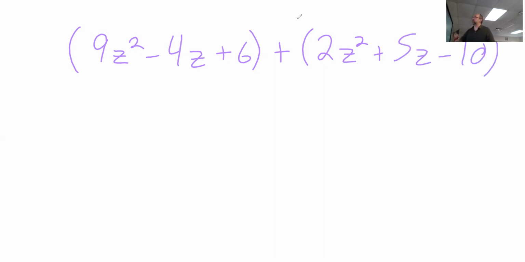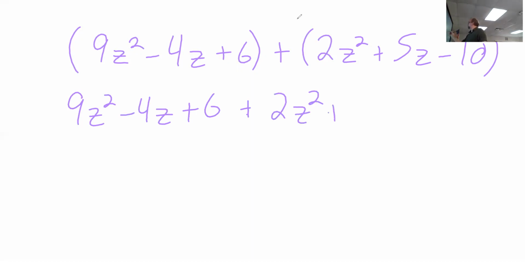Okay, so first thing I'm going to do is get rid of the parentheses, because when I look inside them, there's nothing I can combine. So within the parentheses, there are no like terms that I could combine. So I'm just going to bring them out. We've got 9z squared minus 4z plus 6 plus 2z squared plus 5z minus 10.